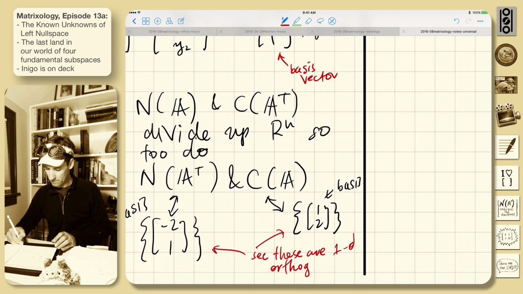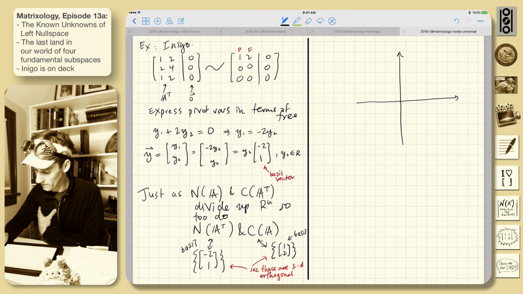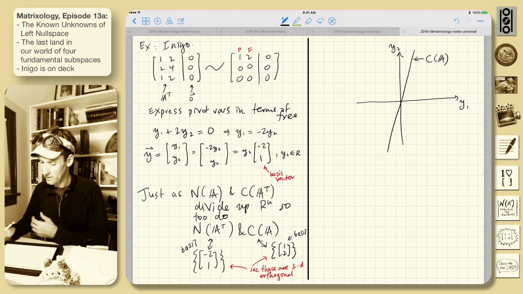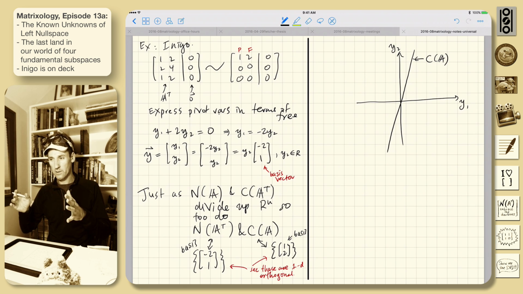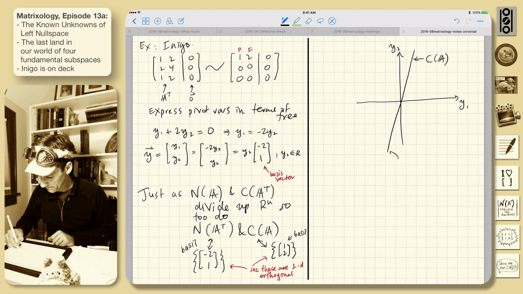So let's draw their pictures. So 1, 2 is here. This is y1, y2. This is the column space of A. These are the only places A can send x. A can only send x to this subspace.